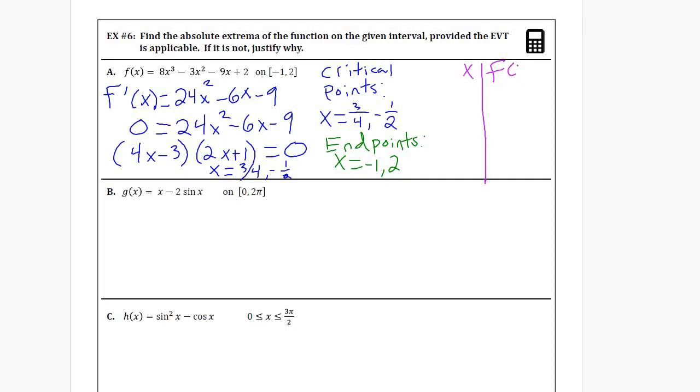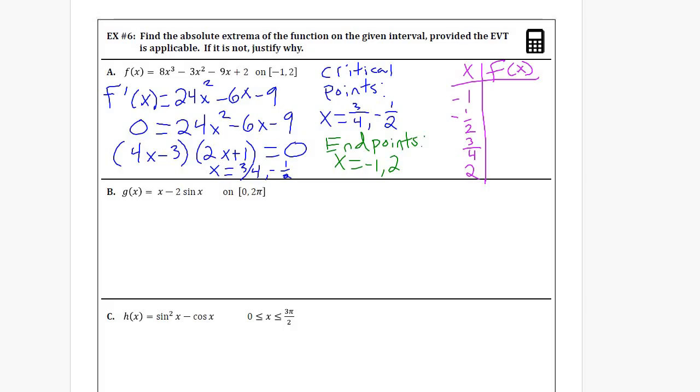This is going back to my original function. So I'm going to go ahead and label it as f of x so that we don't get confused about what I'm plugging into. And then we're just creating a table of values. So I have -1, -1/2, 3/4, and 2. This does show that it is calculator active, so then we're just plugging and chugging into our calculator.